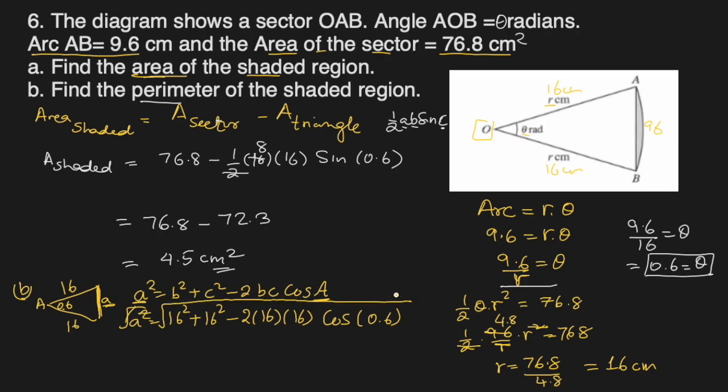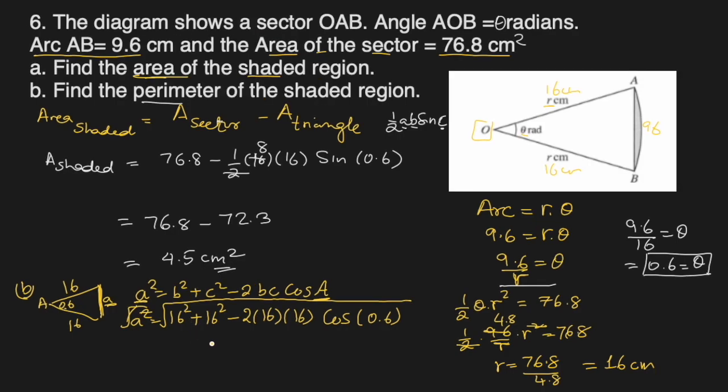Let me put the whole thing in my calculator straight away, which comes out to be 9.4566 centimeters, which I will round off to 9.46. So we already had 9.6, and this straight line came out to be 9.46.